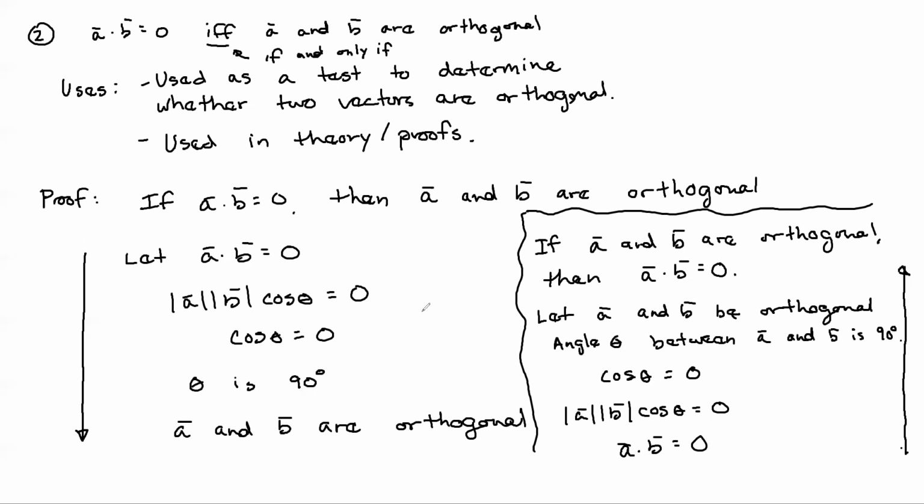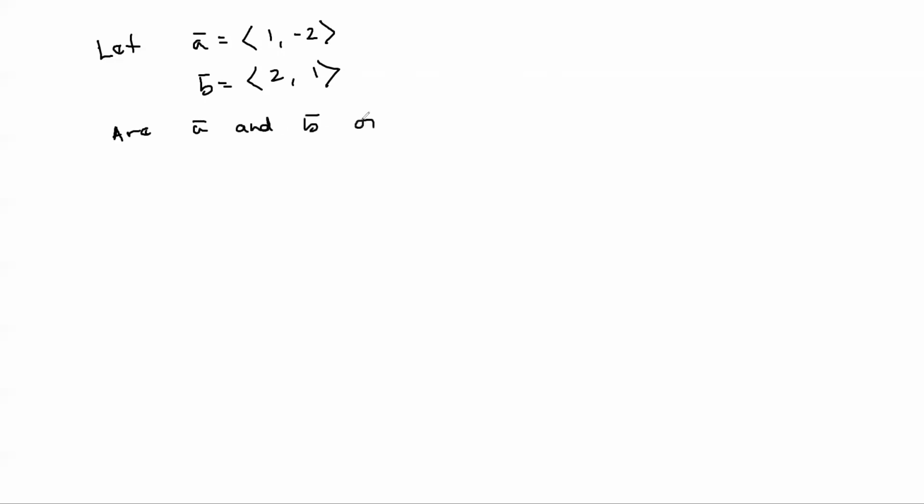So now what we can do with this is use it as a test to prove that two vectors are orthogonal. So if we have, let A be (1, -2) and B equal (2, 1), and you're asked, are A and B orthogonal?